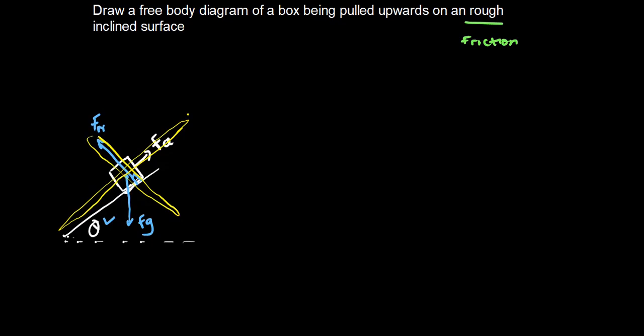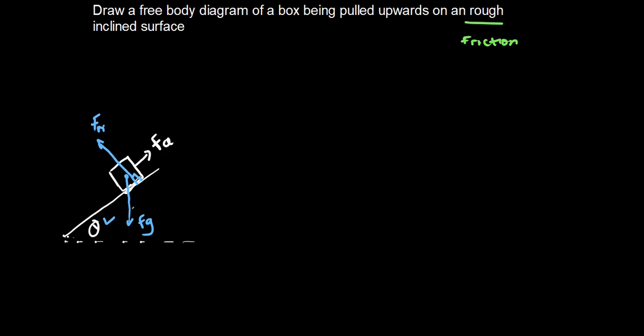Since we'll be looking at forces around these planes, can you see that our force of gravity is not aligned, it is out of those two planes? What does this mean? This means that we should break it down into two components.